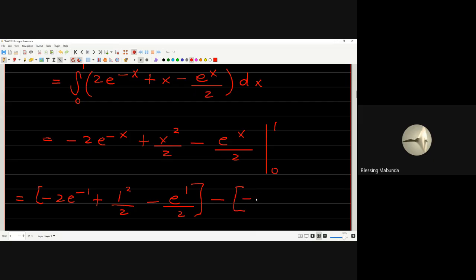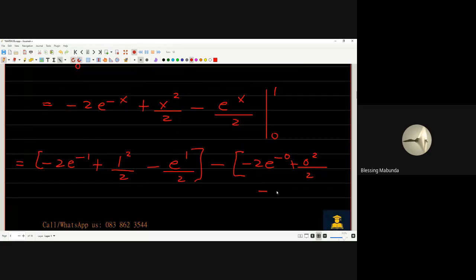And this is minus 2e to the minus 0 plus 0 squared divided by 2 minus e to the 0 divided by 2. From this here, that's going to be 0, and this is going to be 1, so this is 1, this is 1.